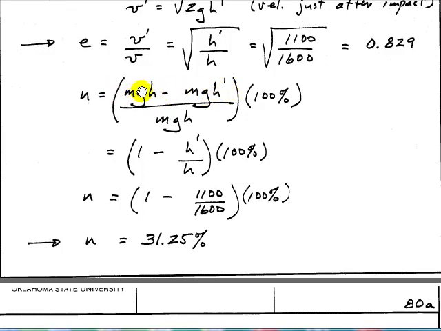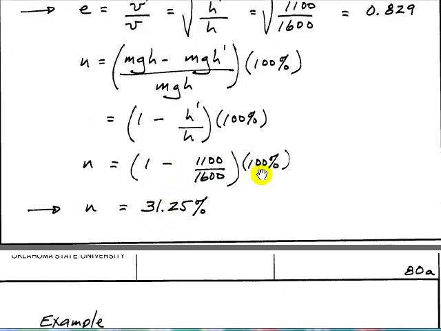So let's take our starting energy minus our final energy divided by the starting energy, multiply by 100% to get percent energy change, and plugging in those H numbers, we get a 31.25% loss of energy because of that impact. So we lose 31% of our energy when a good tennis ball bounces.